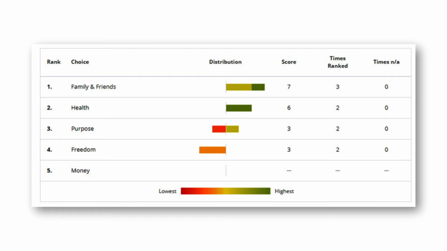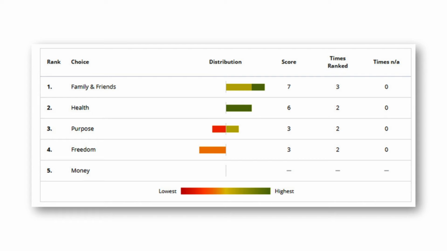So what we have observed is that when anybody gets a choice to give priority, family and friends are given the first rank because of the score of 7. Health is given the second rank due to the score of 6. Purpose is given the 3rd rank due to the score of 3, and freedom is given the 3rd again. Money is given nothing, so it is at the 5th rank.